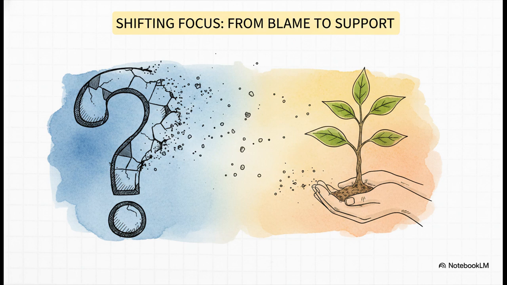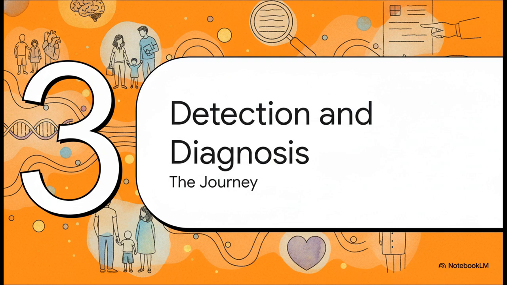In the vast majority of cases, these variations happen with no clear or preventable cause. Genuinely understanding that helps shift the entire conversation away from blame or guilt and moves it towards support, which is where it belongs.